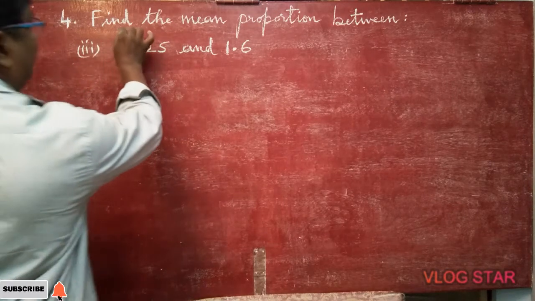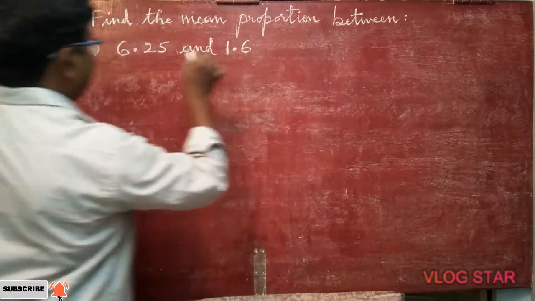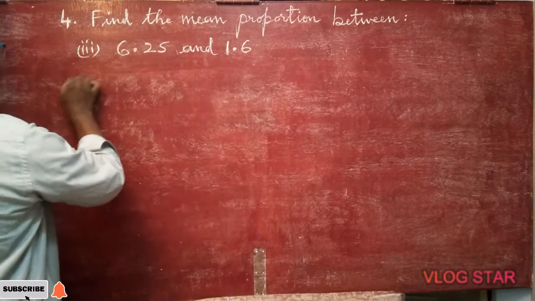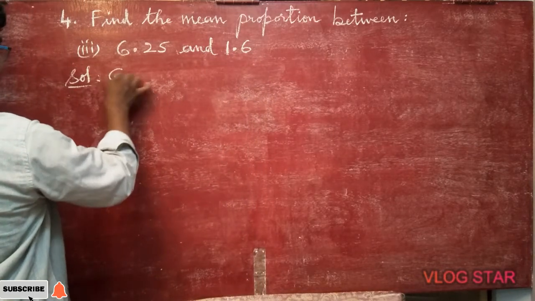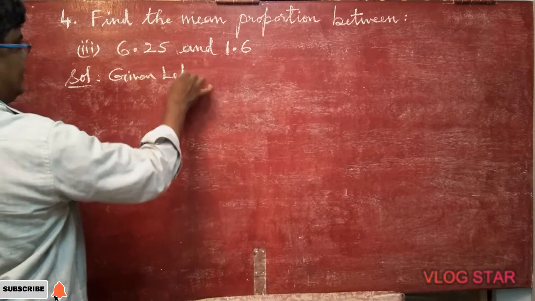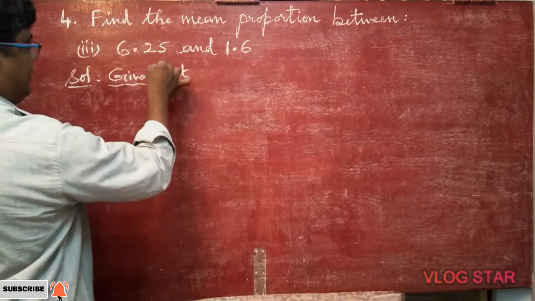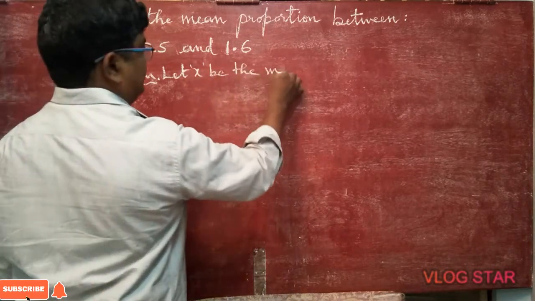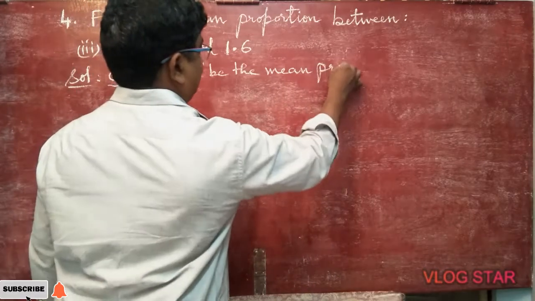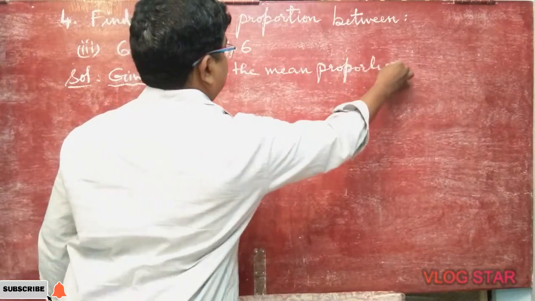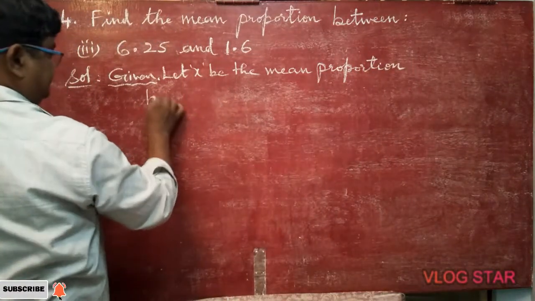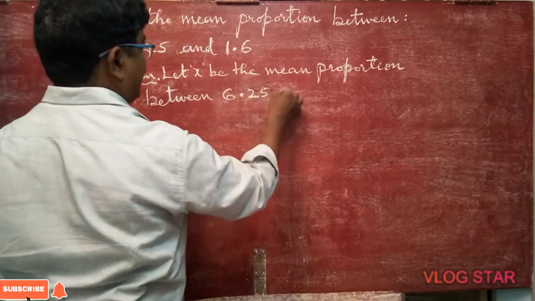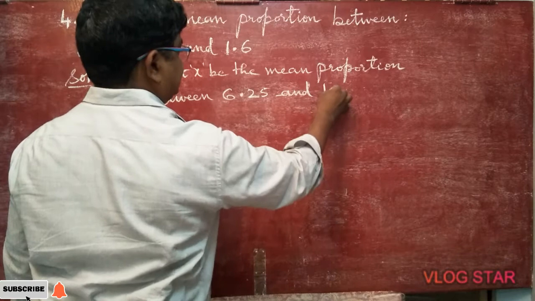Problem. Find the mean proportion between 6.25 and 1.6. Solution given. Let x be the mean proportion between 6.25 and 1.6.